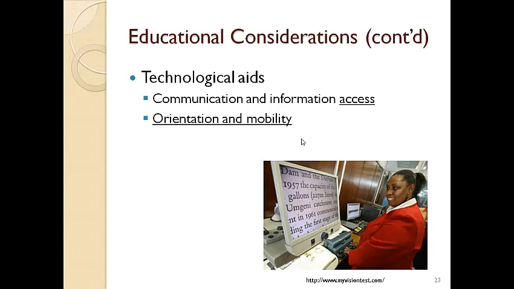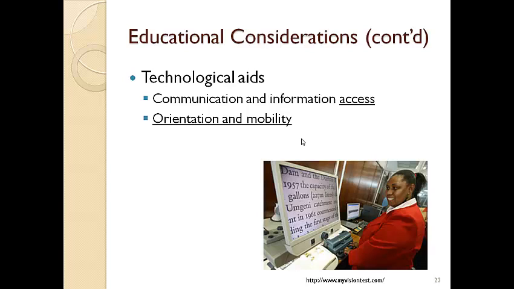Some examples of technological aids for communication and information access include braille note takers, personal data assistants, and we have the descriptive video services and screen readers for computers. So we do have these things which convert written material to speech and things like that.